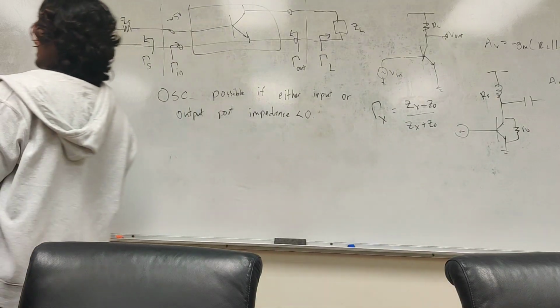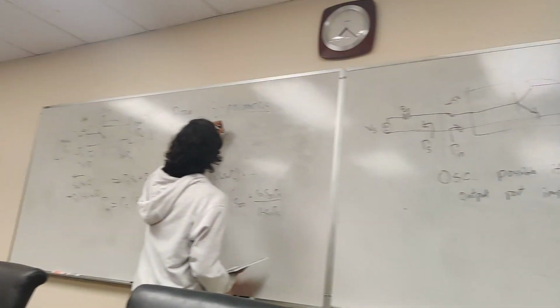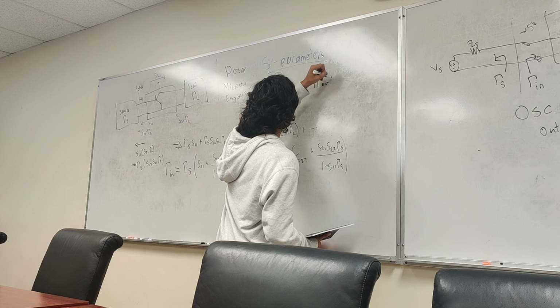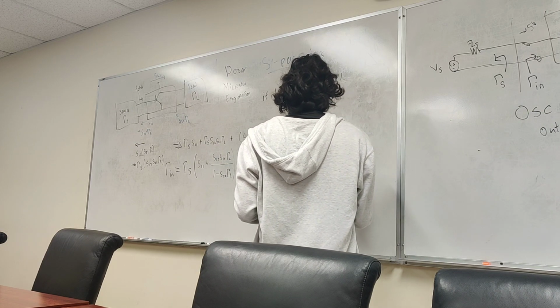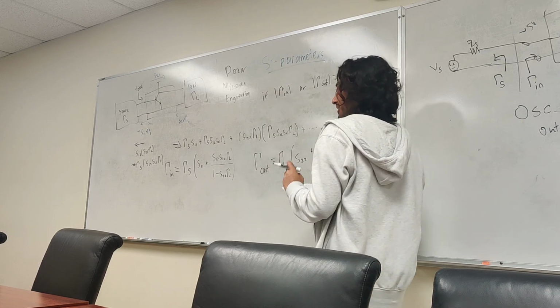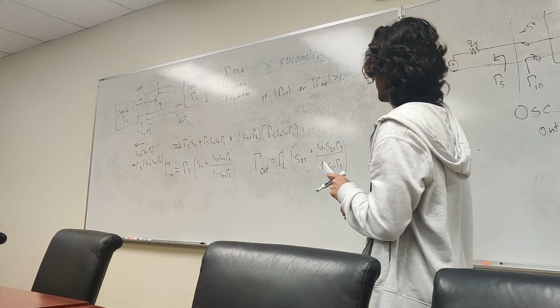So oscillation occurs if the magnitude of gamma in or gamma out is greater than 1. Gamma in and gamma out depend on gamma S and gamma L, right?